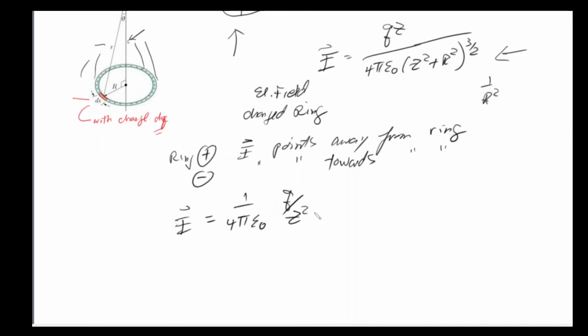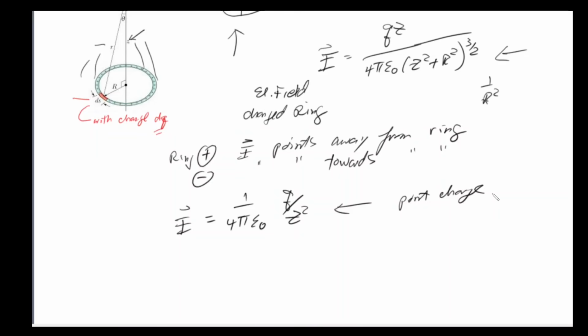Again, that's when point P is very, very far away from the ring compared to its radius. And if you recognize this, this is just basically the electric field of a point charge. So in other words, when you're very far away from a charged ring, it almost seems like that ring is just a single point charge.